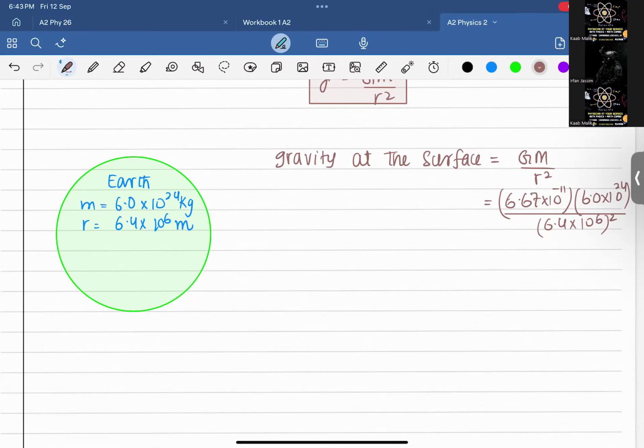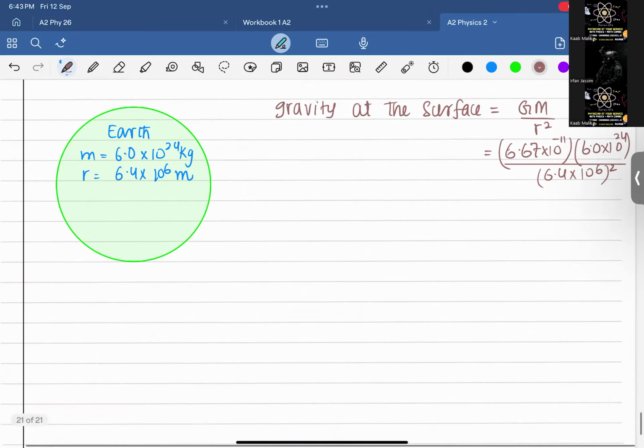I'm getting the answer, but I'm not getting it in standard form. Why 6.3? You didn't square it? It should be 9.81 something, no? Because you're finding the gravity at the surface of the Earth. I am, by the way, getting 9.77 newtons per kg.